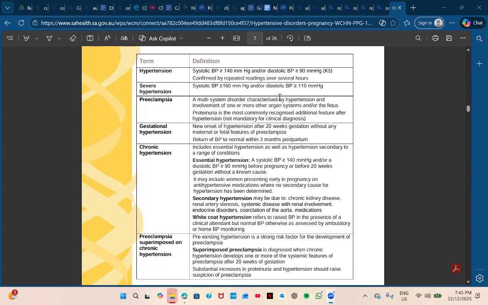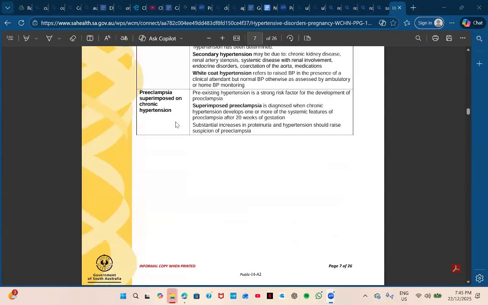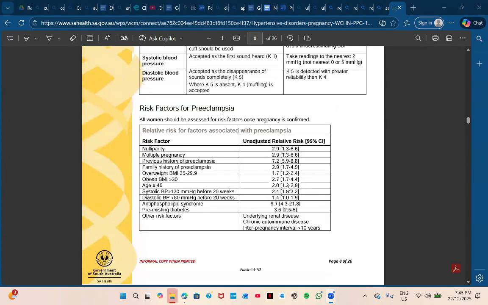Proteinuria is the most commonly recognized additional feature after hypertension, but it is not mandatory for clinical diagnosis. Usually after 20 weeks, this criteria is present in our patient.